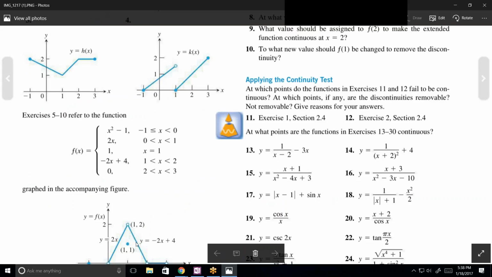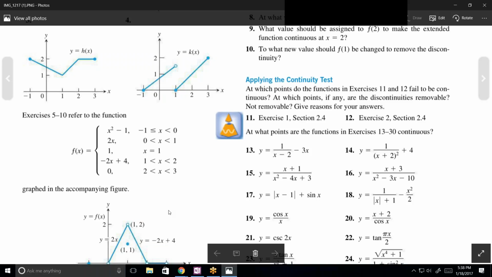And yeah, limits that approach from either the right or the left almost always exist. The ones that don't exist are the ones that have different values when you approach from the left and the right. So what is this limit as we approach from the right?